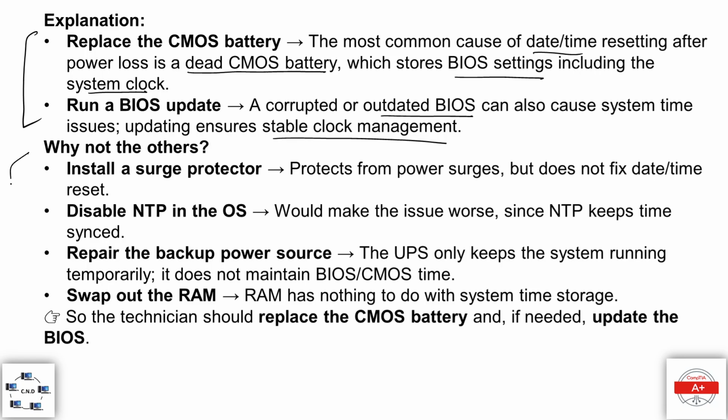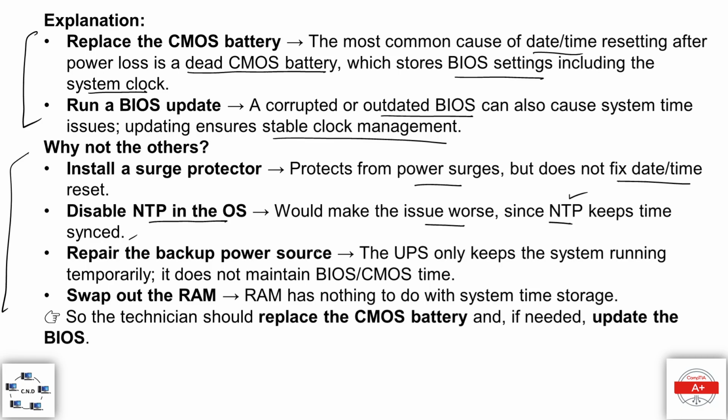So why not the other options? Install a surge protector: it protects from power surges but does not fix the date and time reset. Disable NTP in the OS: it would make the issue worse, since NTP, that is Network Time Protocol, keeps time synced.